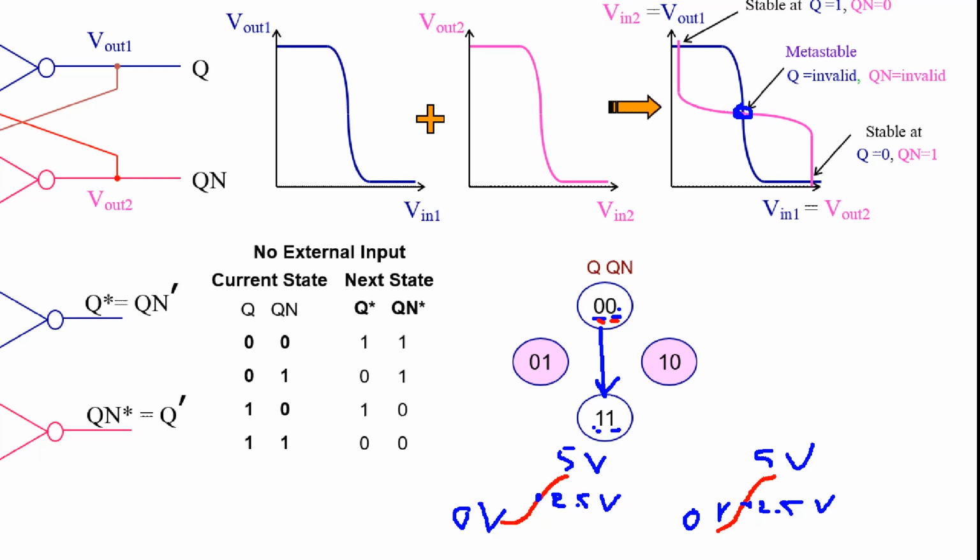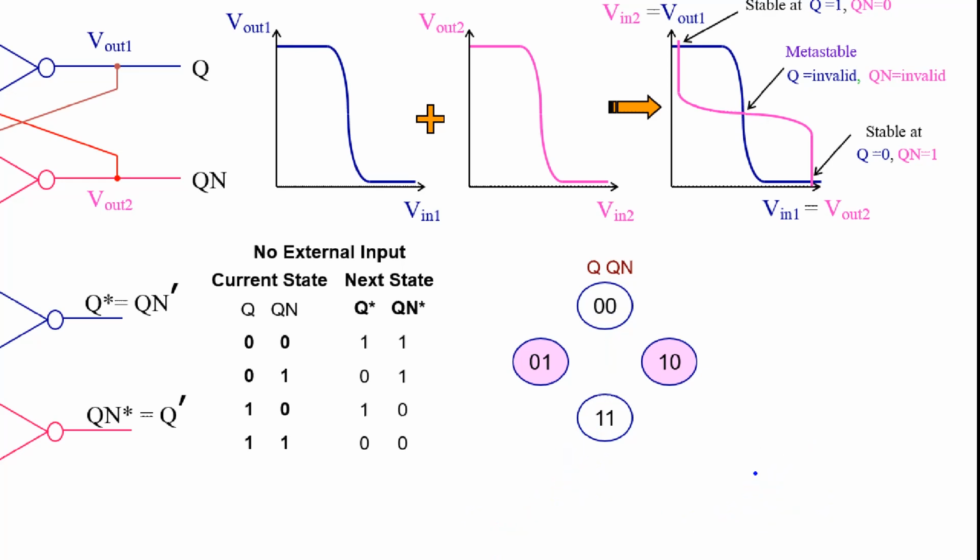It depends on the incoming noise, and you don't know whether the incoming noise will push the voltage level higher or lower. Now if this bit and this bit change at different rates, for example, if this bit changes faster, what happens? From 0, 0, this bit changes to 1 before this bit, which means this bit is still 0.